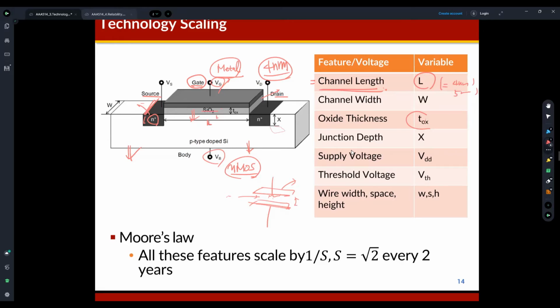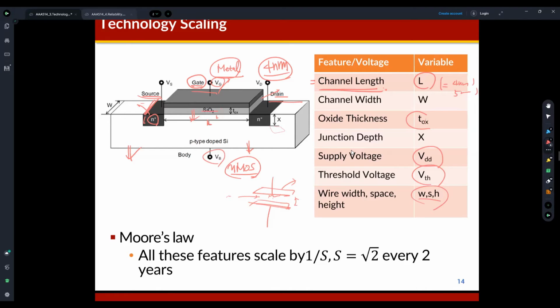Then in this MOS transistor, we can also define the supply voltage and the threshold voltage. The metal wires are connected to the source, gate, and drain. So the wire width and height are also determined by these parameters.